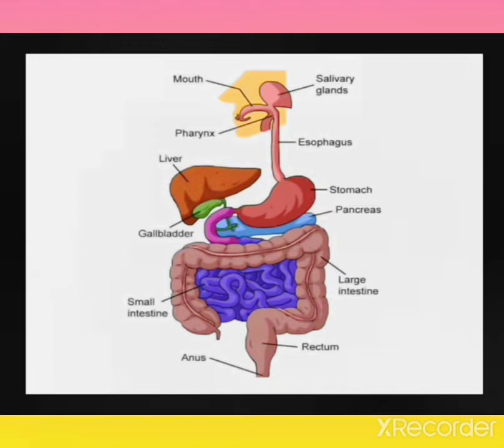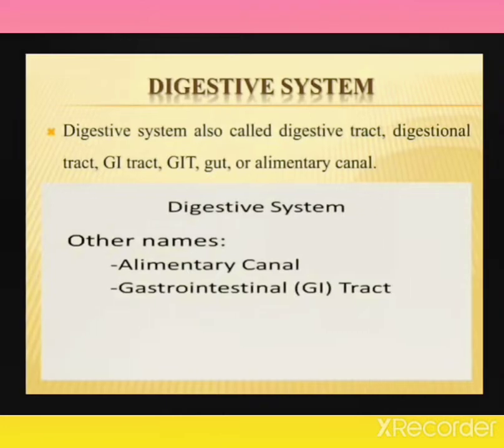The accessory organs, which are not present in the GI tract itself but are very much critical because of the secretions that they produce in the process of digestion, are namely the liver, pancreas, gallbladder, etc.